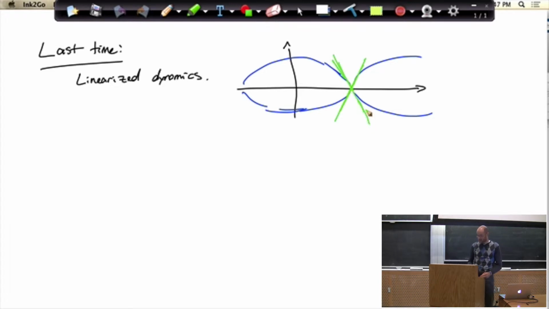We got this linear phase portrait that captured the basic dynamics of the pendulum, in this case the undamped pendulum. And it was actually a very good approximation of all the things that happen. But of course, if you start using that for the whole space, it becomes an increasingly bad approximation.